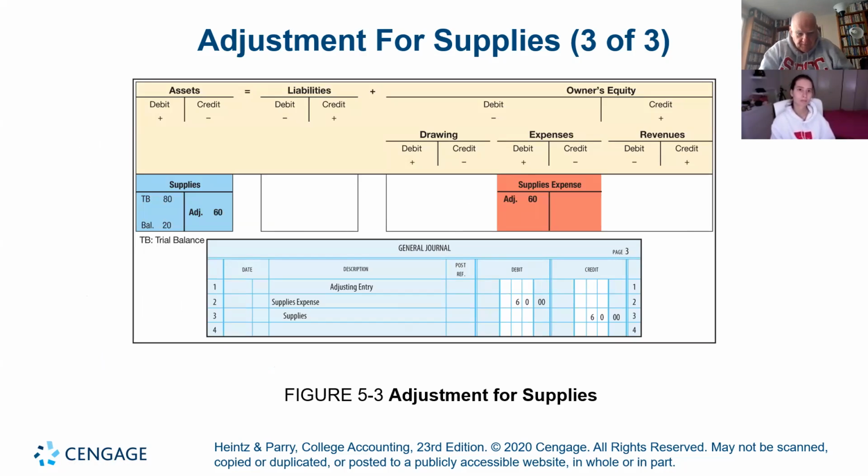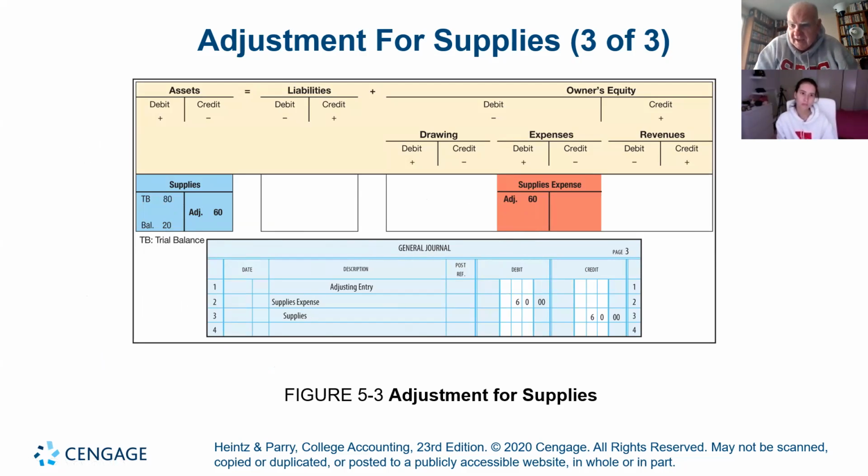So you can read the numbers, right? I can barely read them. Here we go. Supplies were $80 at the beginning. We used 60, and we knew that because we counted the 20 at month end. So our journal entry is a debit to supplies expense and a credit to the supplies account.